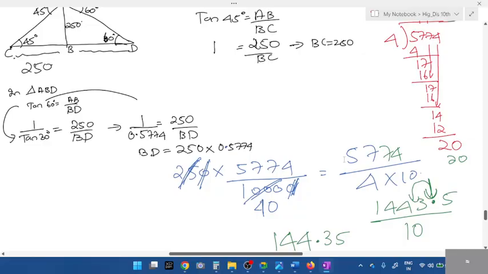Make a note of this. If you forget that divide by 10, you'll end up writing 1443. That is wrong. It is 144.35. This distance is 144.35.